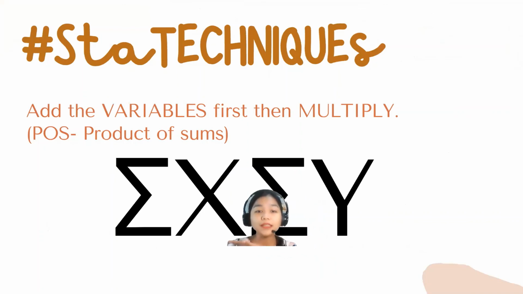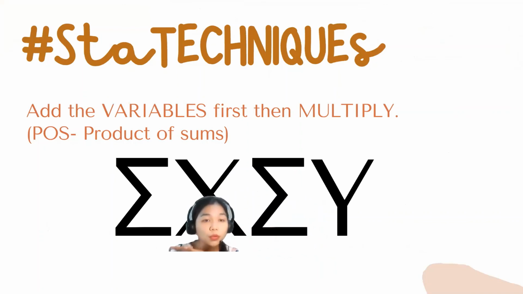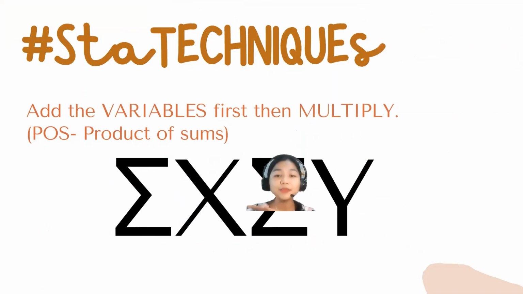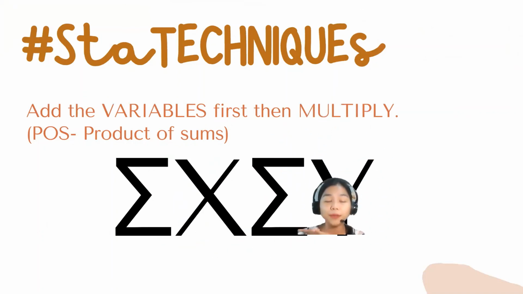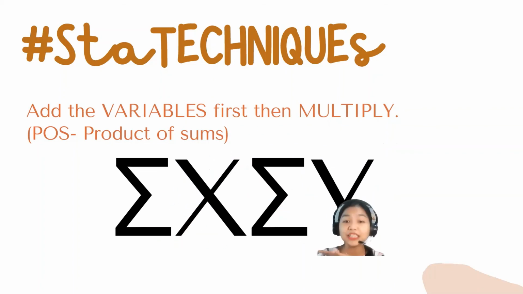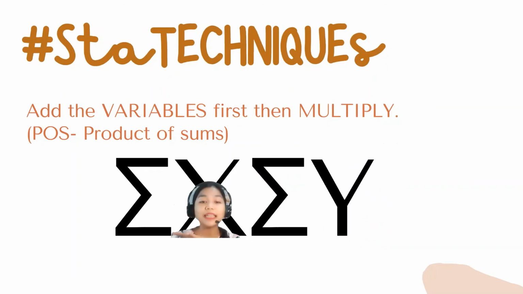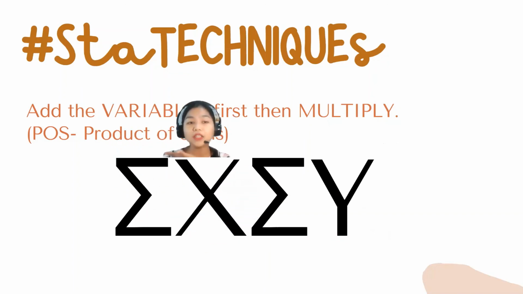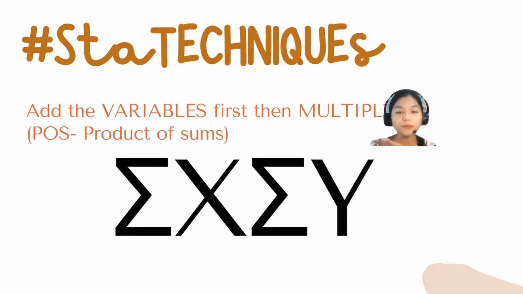So to do this, the first thing to obtain is the summation of the first variable, which is x, and then the summation of the second variable, which is y. After getting each summation, we are going to multiply. That's why it's called POS or product of sums.